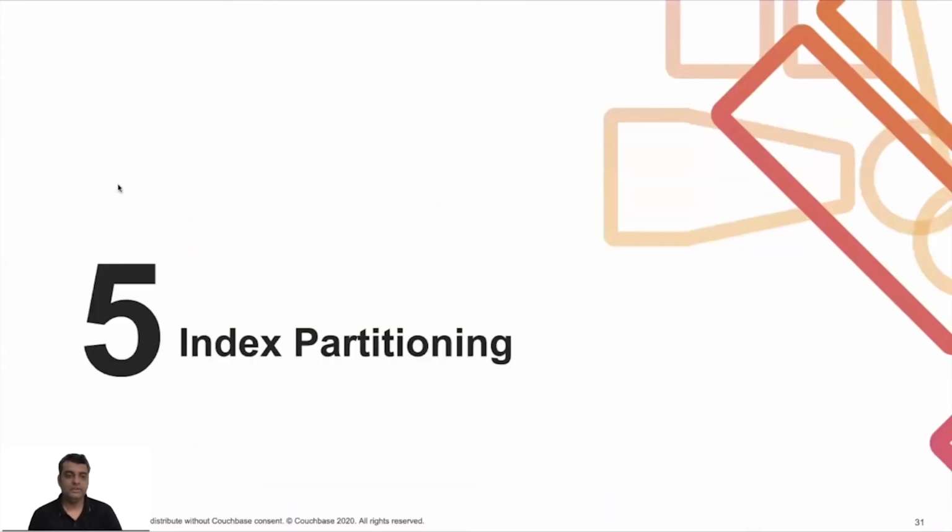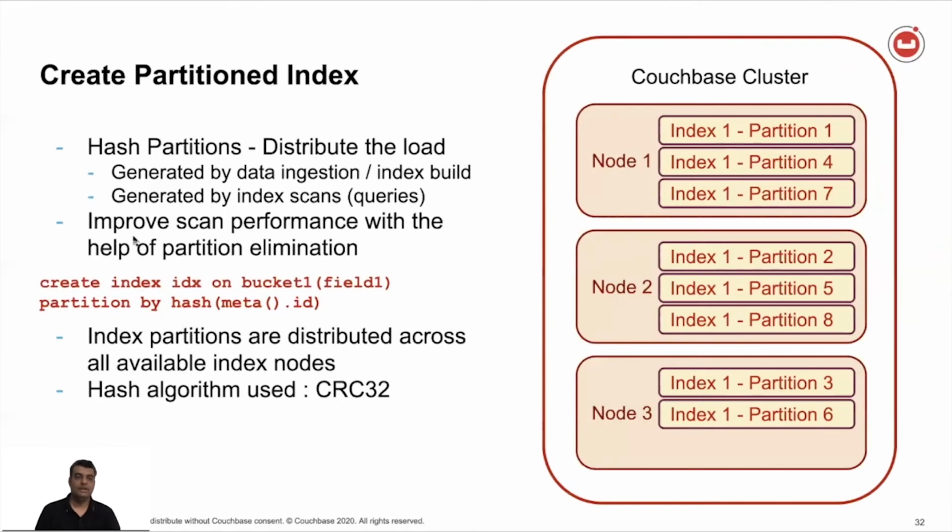Now let's go into the details of index partitioning. Index partitioning is useful to distribute the load across multiple indexer nodes. The load can be generated by data ingestion, that is index build, or the load can be generated by index scans.